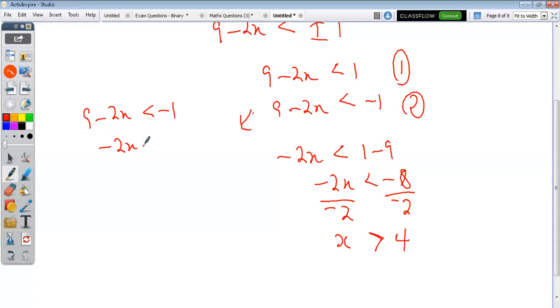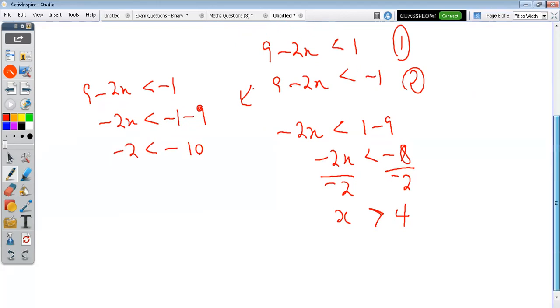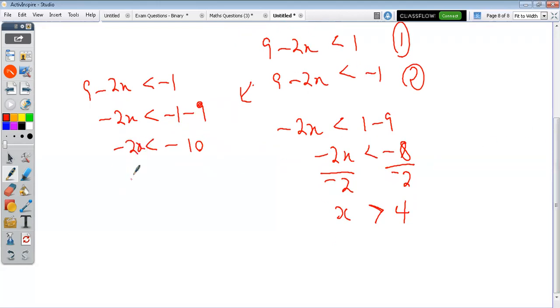So minus 2x is less than negative 1 minus 9. Minus 2x is less than negative 10. Then divide both sides. Again, the direction changes. Greater than, if you divide, that's negative what? Also, that's a positive 5. Yes, sir. So these are the two solutions.